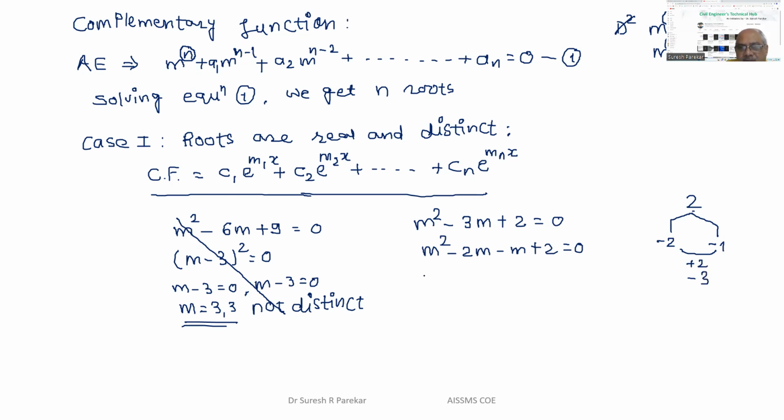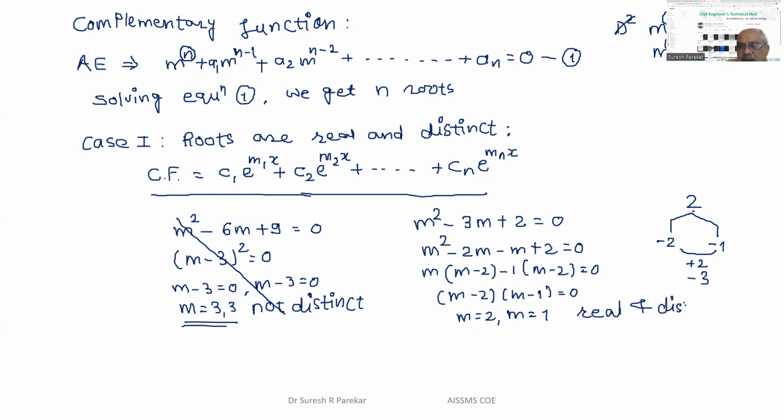Now solving this, we have m, in bracket m minus 2, minus 1 in bracket m minus 2 equal to 0. We get two factors, m minus 2 and m minus 1, and from this m is equal to 2 and m is equal to 1. So these two are real and distinct, which is our case number 1.